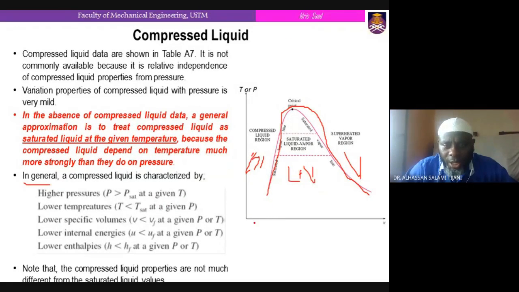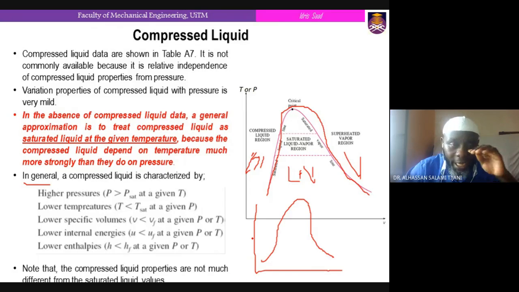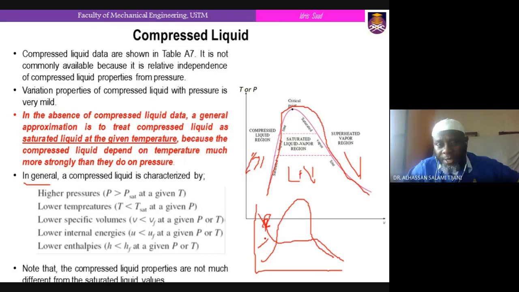For example, on this diagram, this is my constant temperature line. If I have a fluid in this region, then the pressure of that fluid could be, let's say, P.